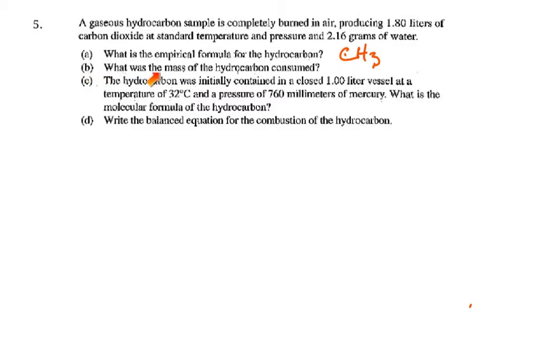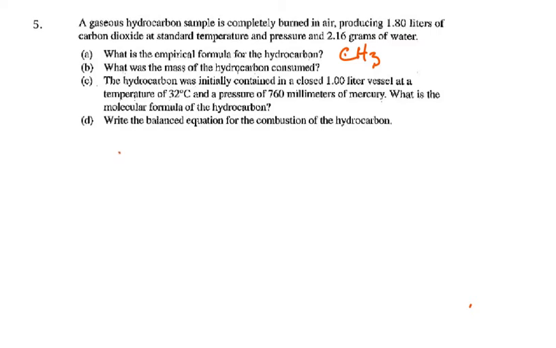Let's look at B. What is the mass of the hydrocarbon consumed? And this is a very unusual question. But you remember that we knew the number of moles of carbon that were made in the CO2, and we knew the number of moles of hydrogen that were in the water that were made, and they had to come from somewhere, and they had to come from this particular hydrocarbon. So it's an unusual question, but let's go with it.